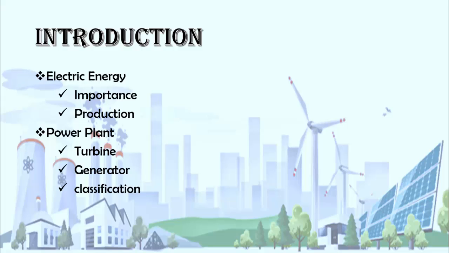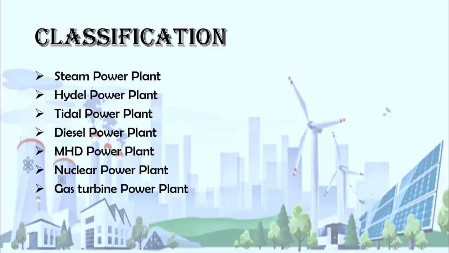Then what are the classifications of the power plant? The power plants are classified based upon how the turbine rotates. A turbine will have several blades. The turbine starts rotating when something impinges or hits the turbine blades. If the turbine blades rotate by means of the steam hitting the blades, then the power plant is classified as thermal power plant.